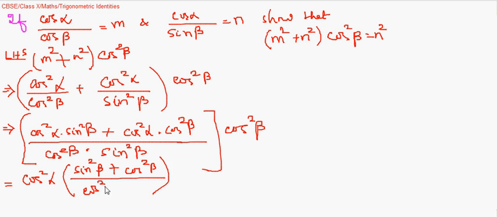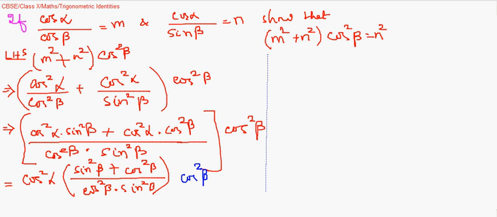Let me continue it on this side with a dotted line. I also have a cos square beta.